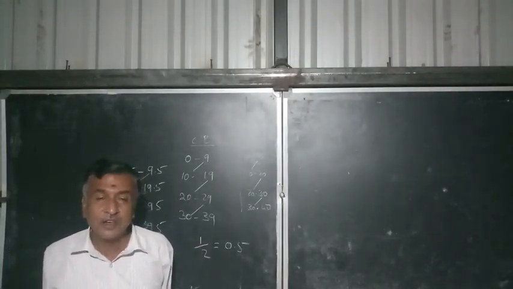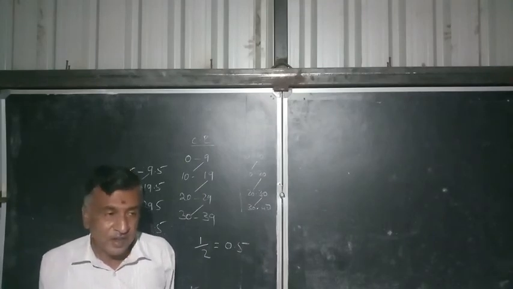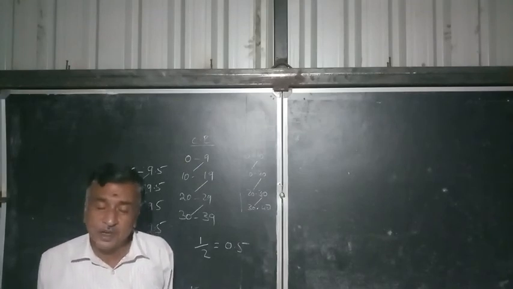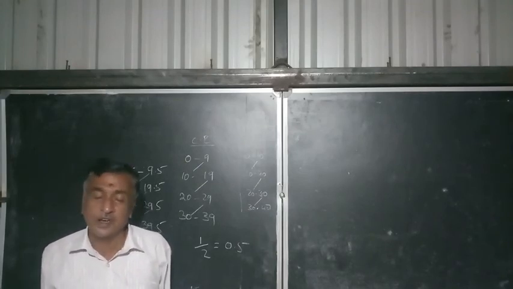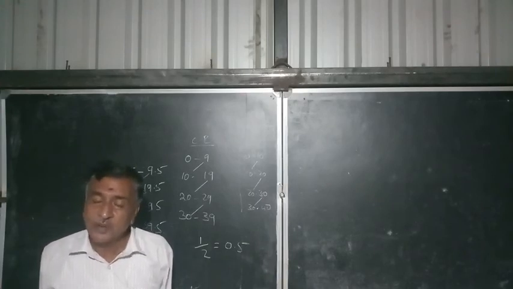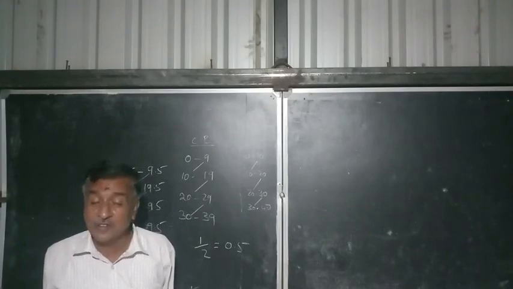So class interval is of two types, exclusive and inclusive. The exclusive method is one where the upper limit of one class becomes the lower limit of the next class. Inclusive series is one where both lower limit and upper limit will be included in that class itself.